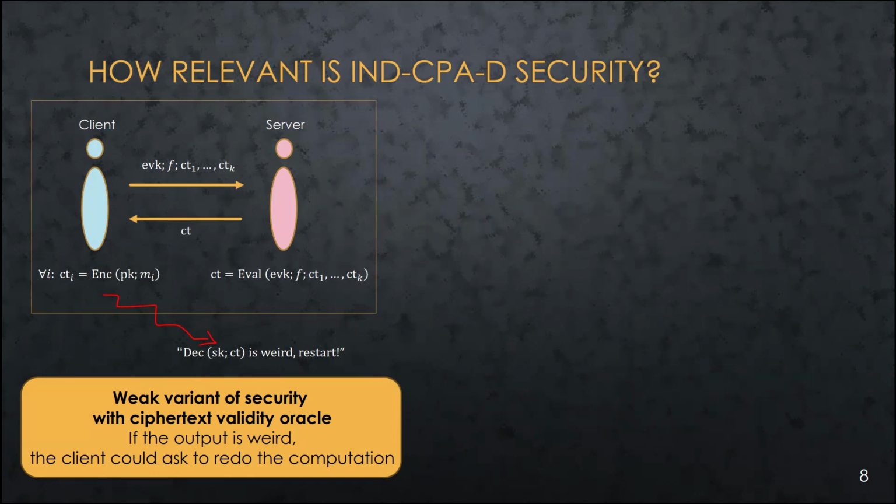And when I decrypt, I get something weird which I didn't expect, which either gives some completely random value or something which is the opposite of what I was expecting. Maybe I will complain. Maybe I will suspect that Amazon didn't do the work properly and is just sending me a random ciphertext. So I can complain and say, your computation is weird.